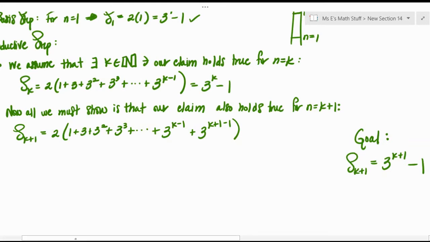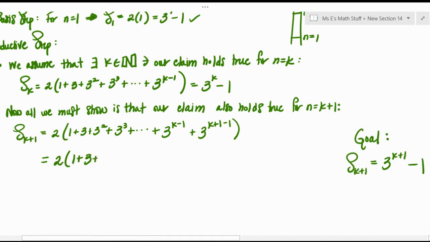Okay, so that's our goal. So let's get there. The one tricky piece on this problem is that 2 right there. Remember, 2 is supposed to be distributed into everything inside the parentheses. And so to get anywhere, I'm going to take a couple steps just because I don't want to lose anybody.